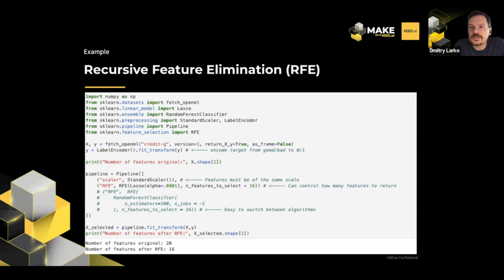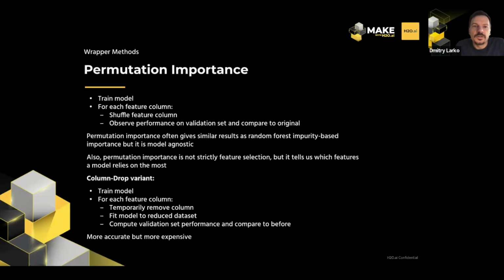RFE expects the model to have either the attribute coef_ or the attribute feature_importances_. If they don't, I think there's a wrapper, so you can implement it yourself if you want to. So it's quite a flexible approach and quite useful.